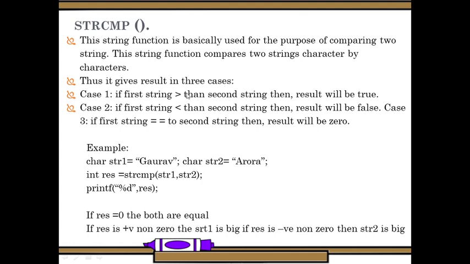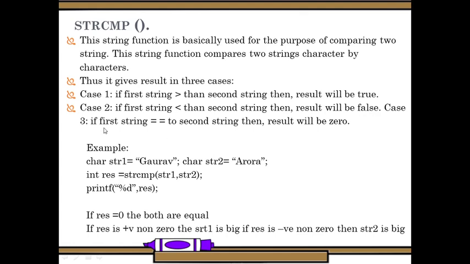If the first string is greater than the second string, the result will be a positive non-zero number. If the first string is smaller than the second string, it returns a negative non-zero number, which indicates that the second string is greater than the first string.